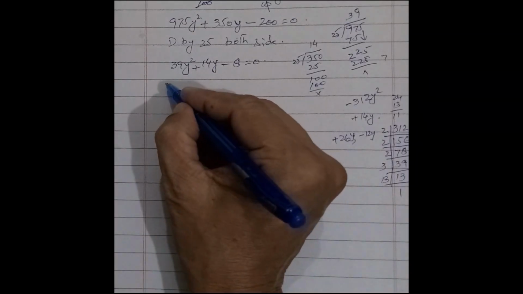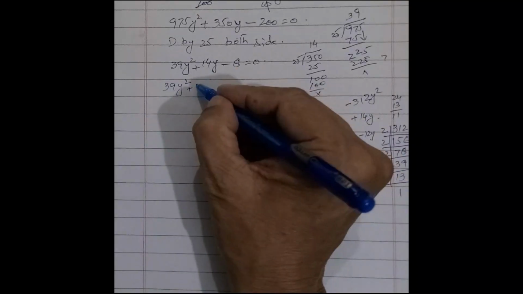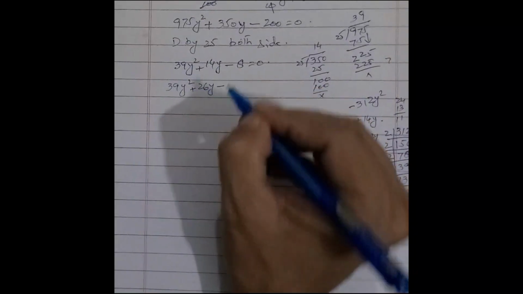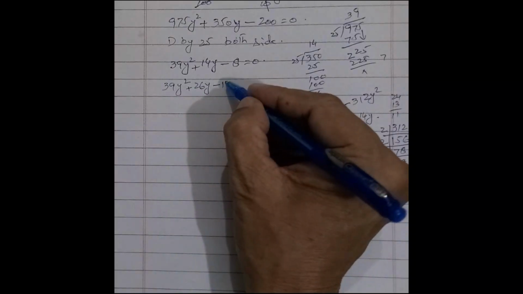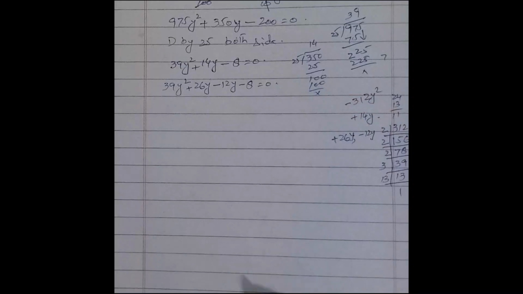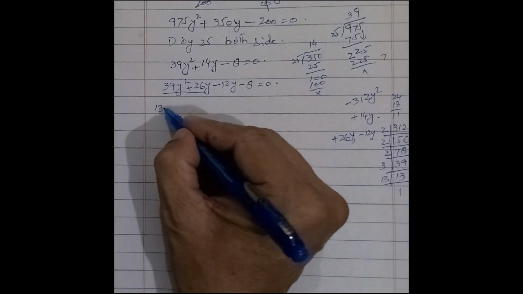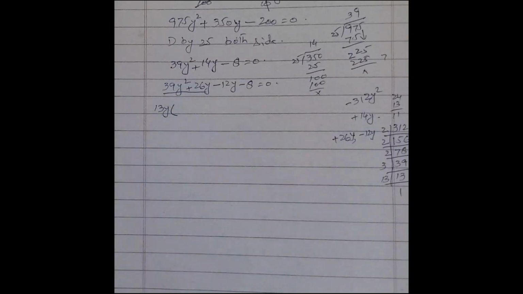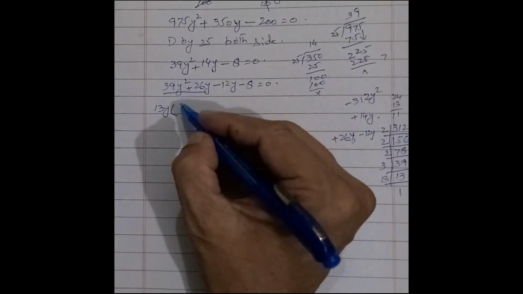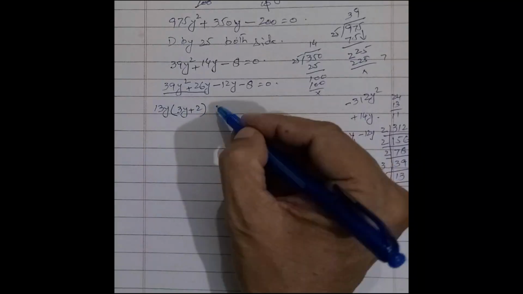The values are 39y square plus 26y minus 12y minus 8 is equal to 0. Take common 13y. The remaining value is 3y plus 2.